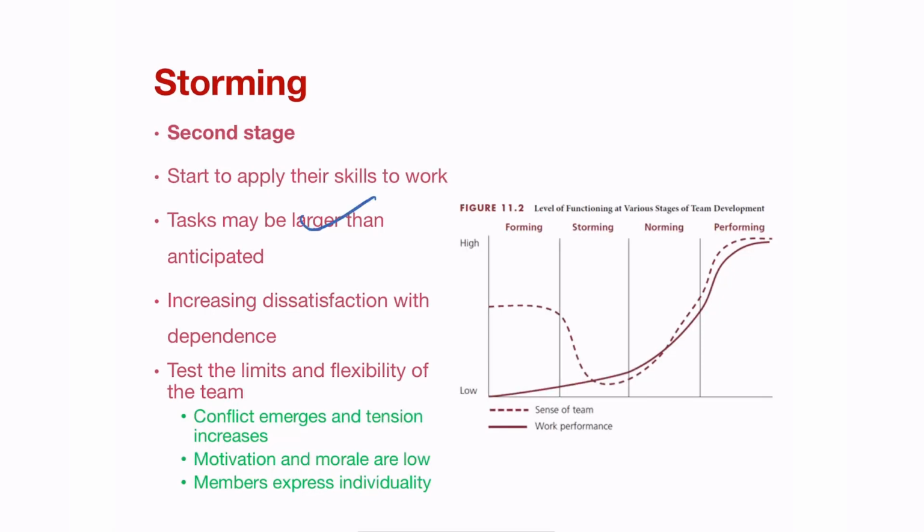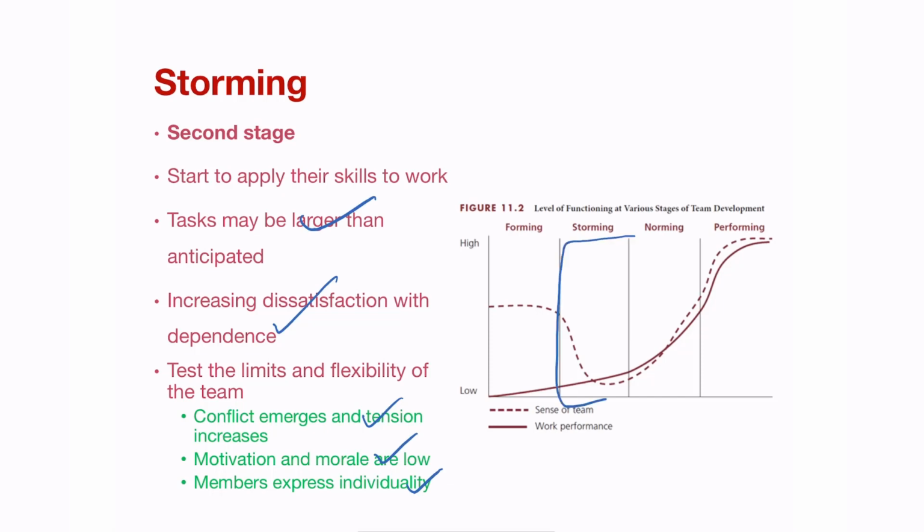Tasks might be larger than expected for people, and also increasing dissatisfaction with dependence on others. Also test the limits of flexibility of the team. Conflict emerges and tension increases, motivation and morale are low, and members want to express their own individuality.